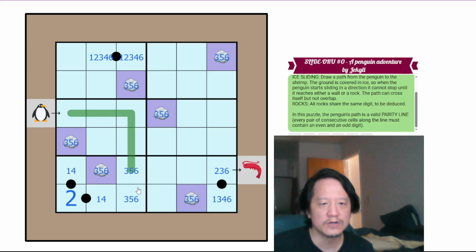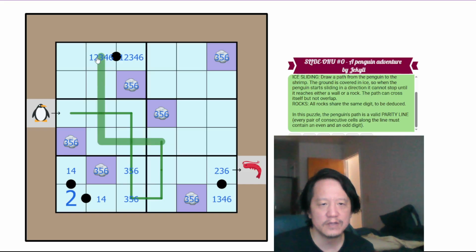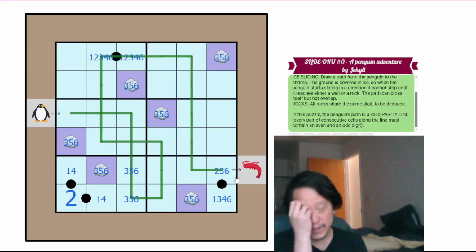So I guess it could go that way. It can't go this way because it'd be stuck. That way, but then it has to cross, right? Then you could go that way, that way, that way, that way. That is possible.